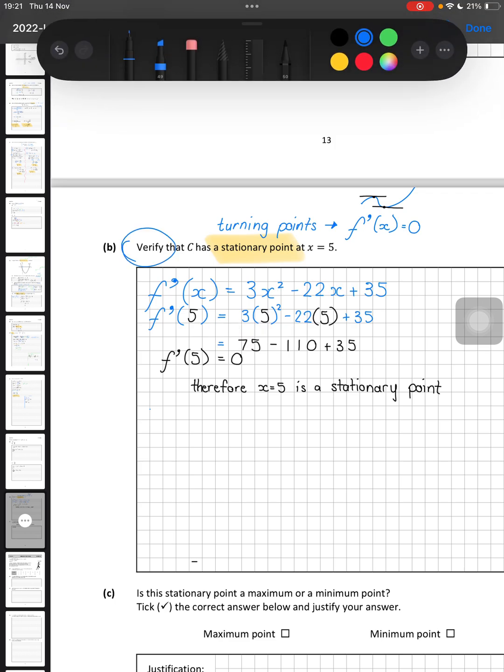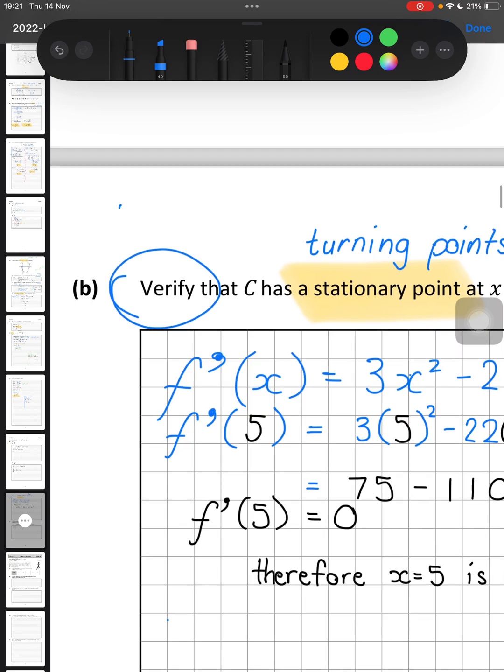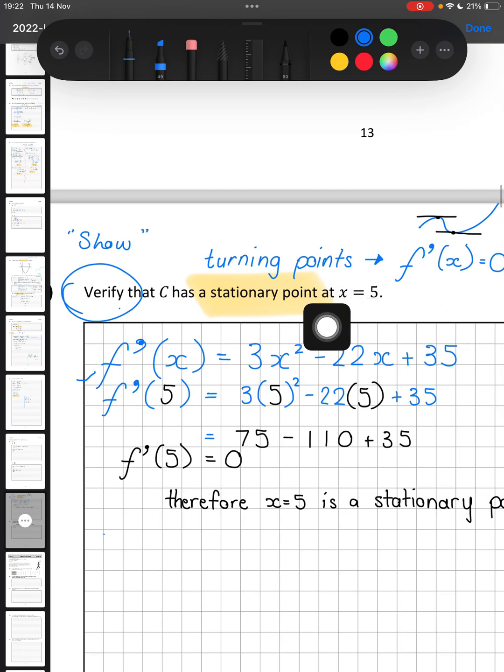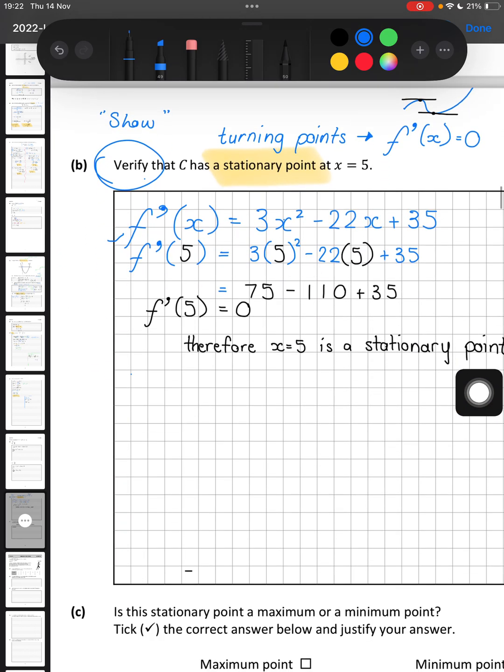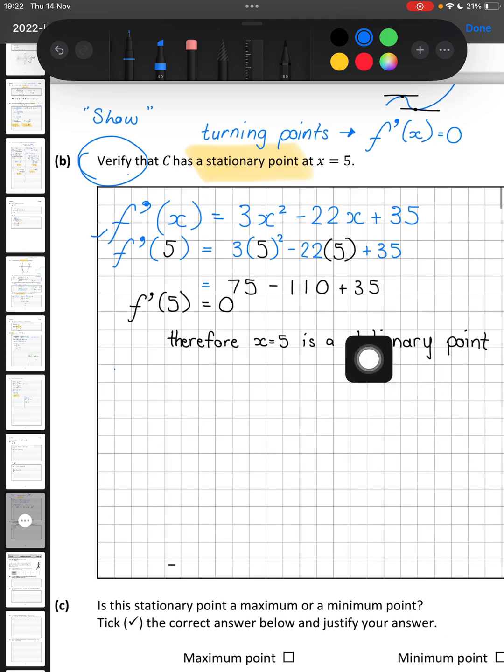If they said something like show, it means you have to pretend that you do not have the answer that it's x equals 5. So if they said show, then get the stationary points and get an answer of 5. If they just said show that a stationary point is x equals 5, it's a very different question.